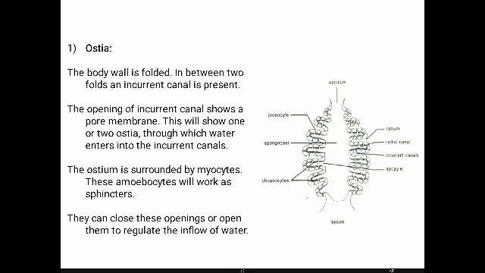This is another important aspect where you can see the amoebocytes which are present in between the pinacoderm and the choanoderm. So they act as sphincters. They act as regulators. Okay, so they are the controlling agents. How much water needs to be taken inside the body will be controlled or regulated by these amoebocytes, present in the mesenchyme layer between the pinacocytes and the choanocytes.